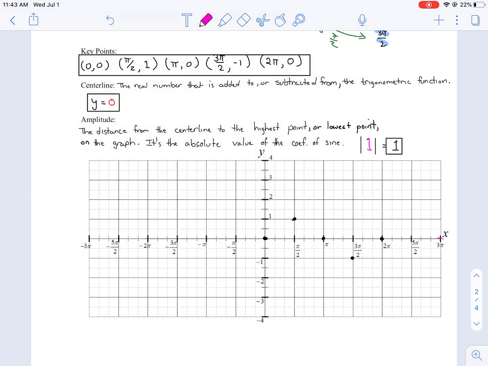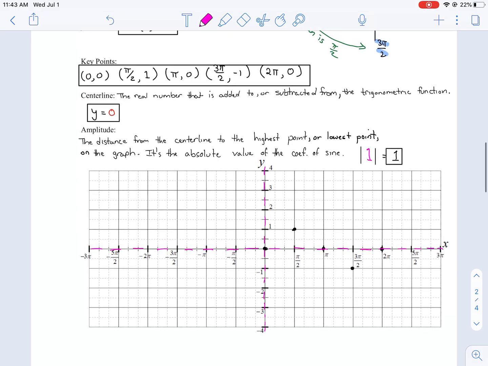Next, I'm going to identify the center line. And I'm going to place a vertical line through the first key point. None of these dotted lines are part of the graph. They're just there to help you graph the function.